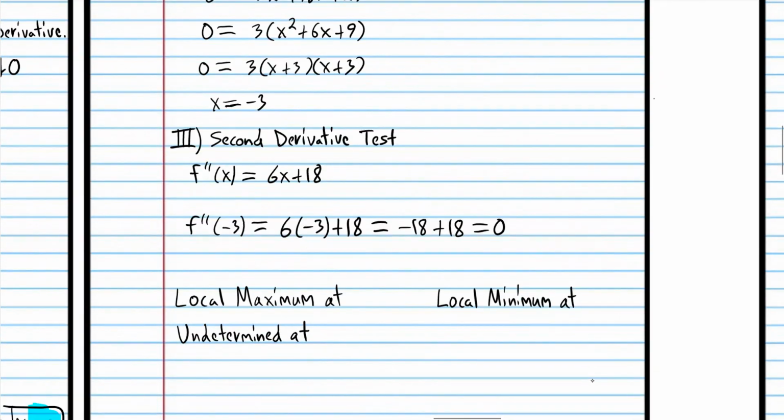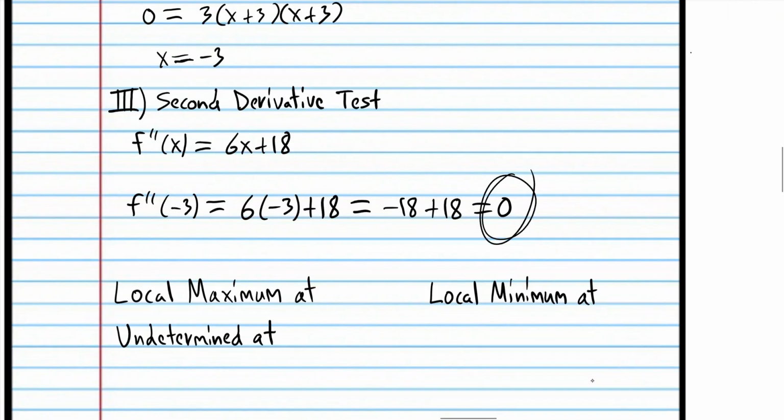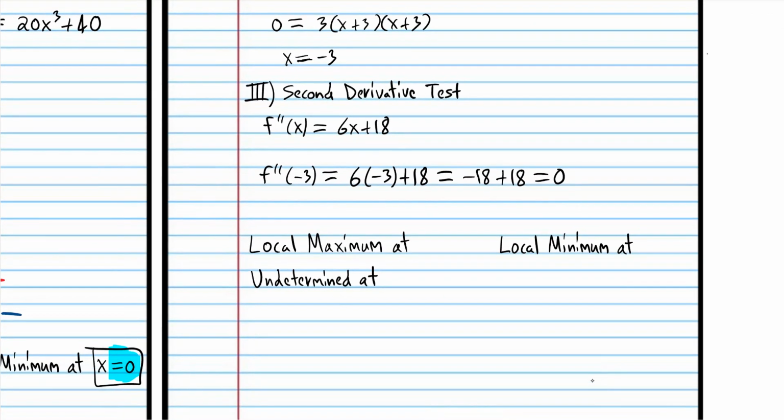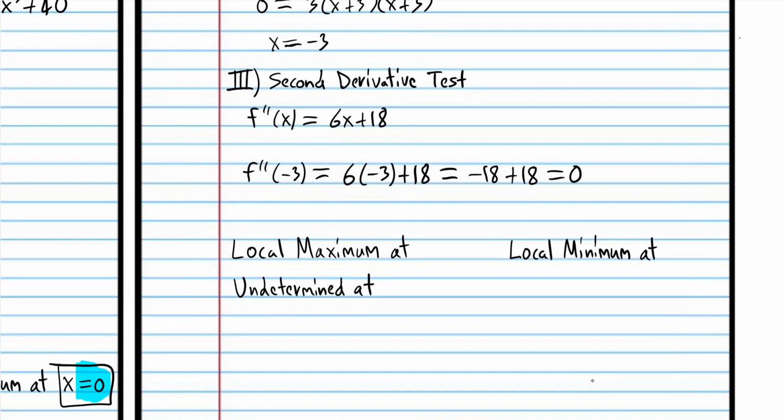But what if it equals 0? In that case, the second derivative test doesn't do anything for us. It's undetermined whether or not the function has a max or a min. So instead we write undetermined at x equals 0.